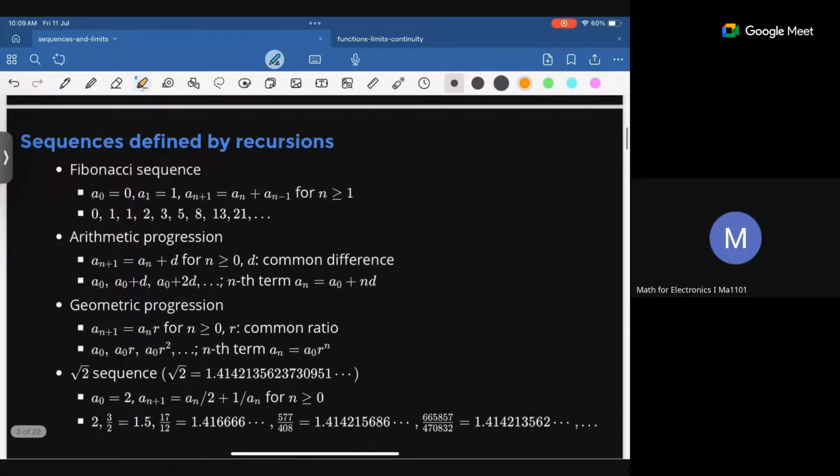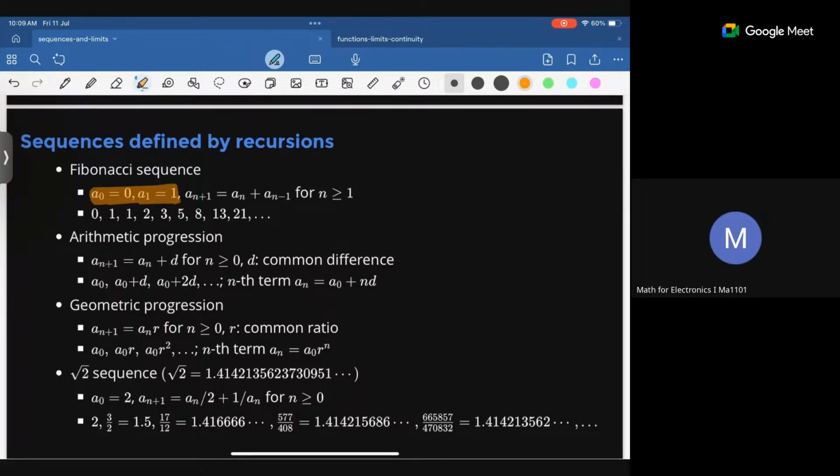Another way of representing a sequence is by giving it in the form of a recursion relation. We give you the first term or first two terms, and then we give the relationship between the current term and the previous term, or the current term, the previous term and the term before that.